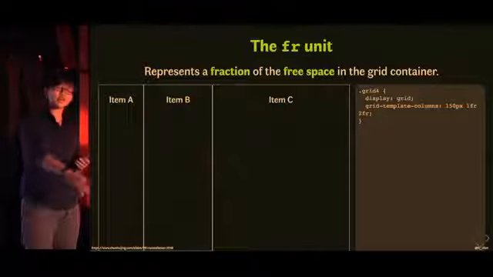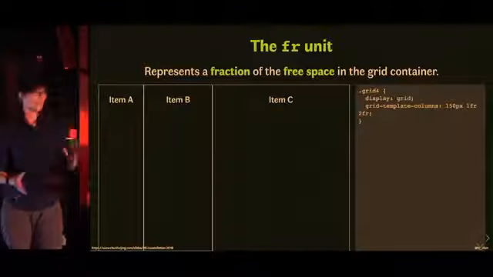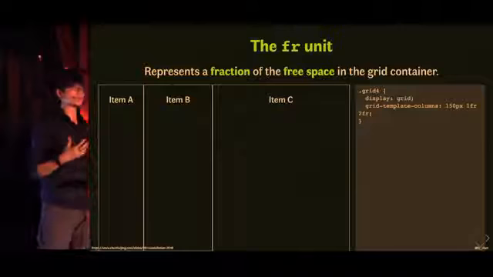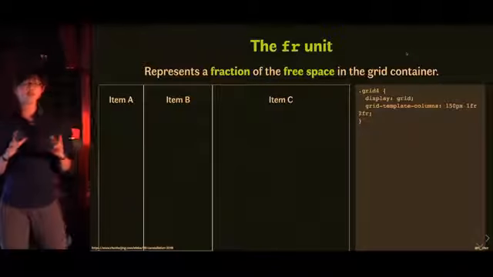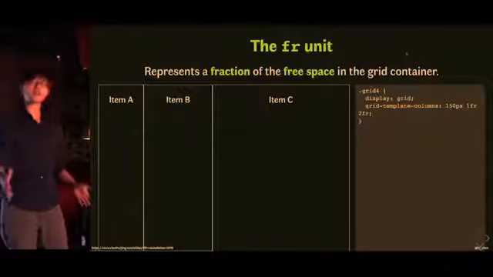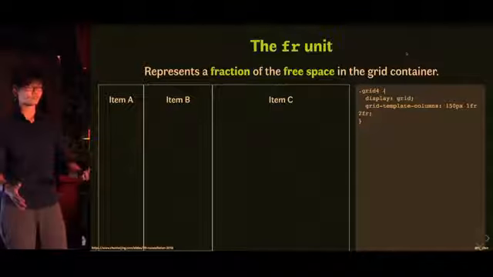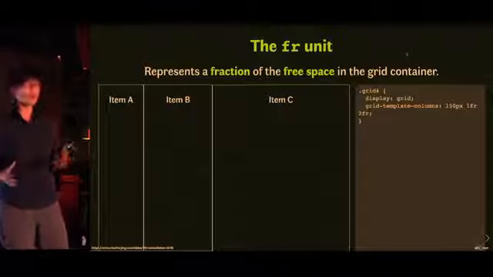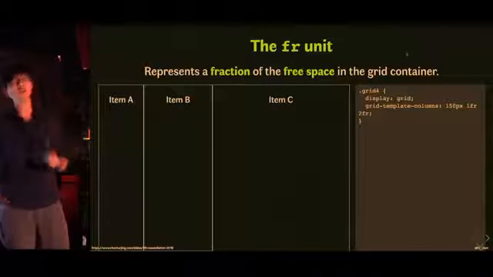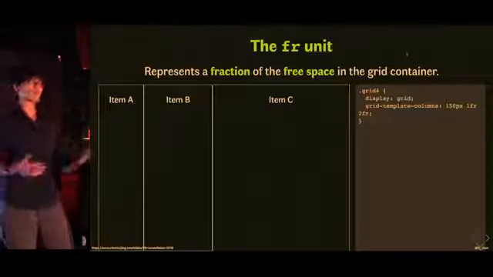In this case, item B and item C are sized in a ratio of 1:2. So if I'm viewing this particular piece of code on a phone or on a big screen, I don't actually know how big item B or C will be. I only know that they will be displayed in the ratio of 1:2.